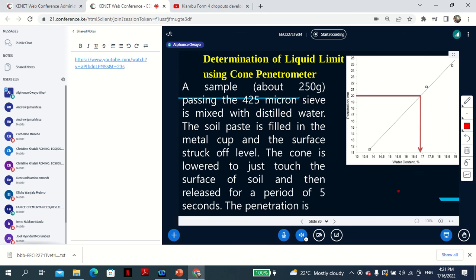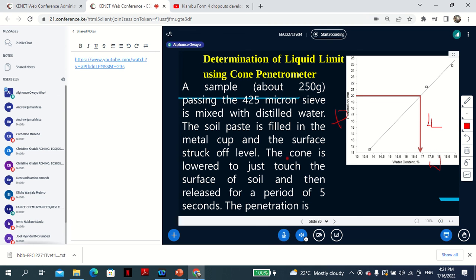We define the liquid limit as the water content when the penetration is 20 millimeters. So the water content here, and this is the penetration. When the penetration is 20 millimeters, that gives you the liquid limit.